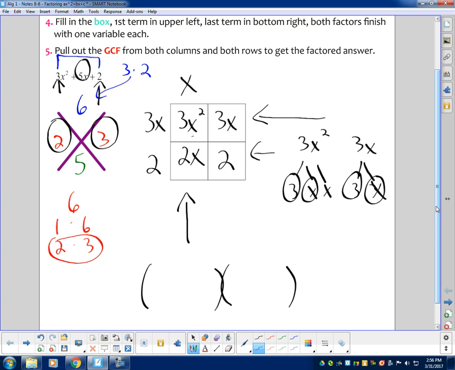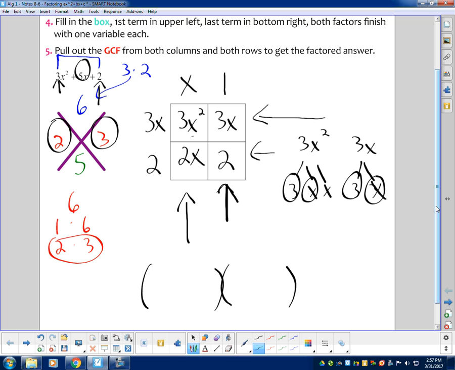So right here, in the second column, the greatest common factor of 3x and 2. Well, between the 3 and the 2, the greatest common factor is 1. That's the biggest number that divides into each without a remainder. The 2 does not have a variable attached, so x is not a common factor here. So the GCF for this second column is just simply 1.